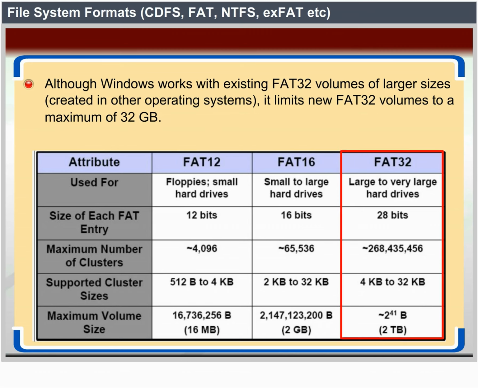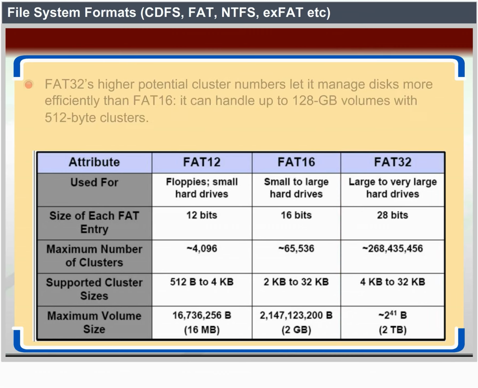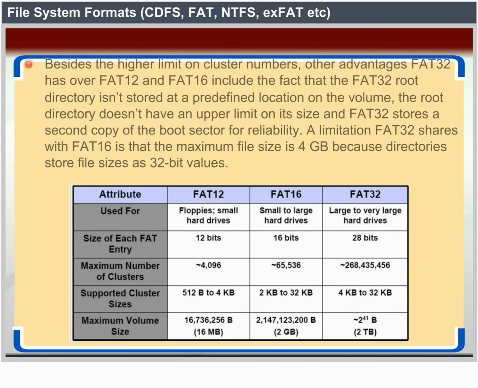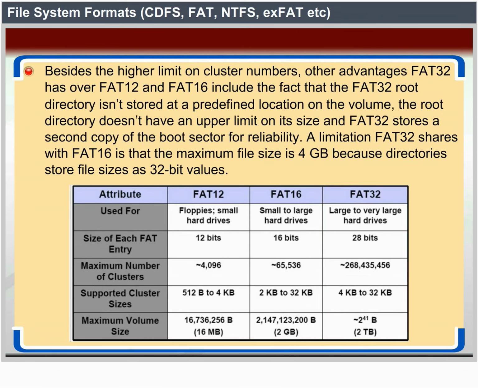FAT32's higher potential cluster numbers let it manage disks more efficiently than FAT16. It can handle up to 128 GB volumes with 512-byte clusters. Besides the higher limit on cluster numbers, other advantages FAT32 has over FAT12 and FAT16 include the fact that the FAT32 root directory isn't stored at a predefined location on the volume.